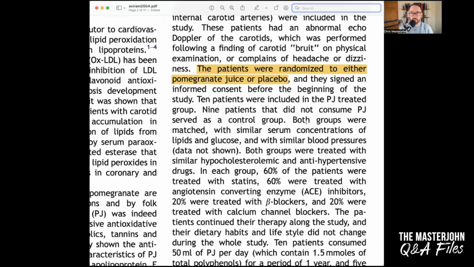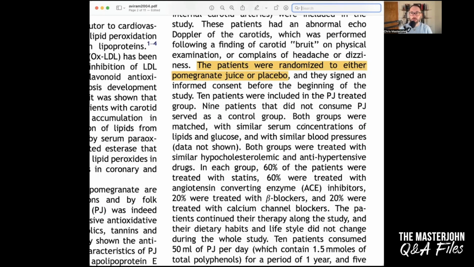They don't state what the placebo was, and that's a little odd in the case of drinking pomegranate juice, because I would like to know what fake pomegranate juice they gave and what constituents were in it, and what was the sugar content and all this stuff.